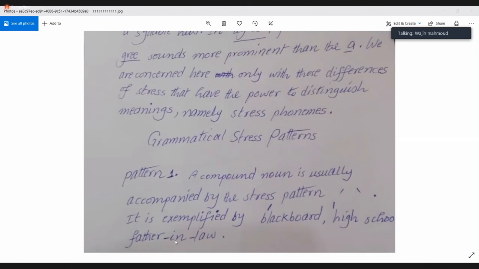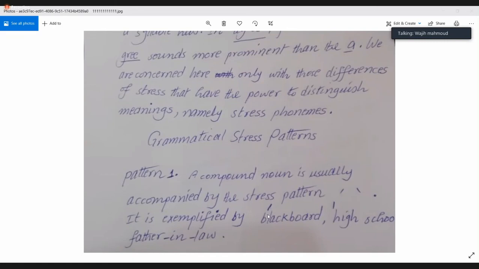So the in-laws, they call them the in-laws. Father-in-law, mother-in-law, son-in-law, daughter-in-law, sister-in-law, brother-in-law, etc. The stress is on the word father. Pardon? Yeah, I mean, all compounds receive stress on the first element.